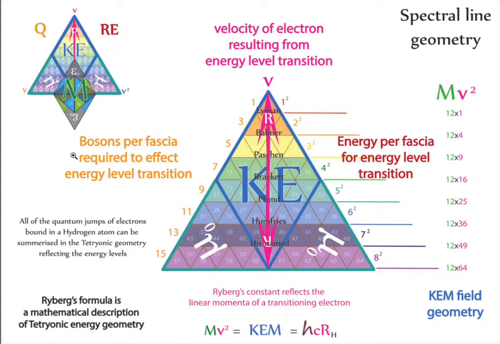We've shown through Tetryonic geometry that it's the bosons, the odd-numbered quanta, that affect the energy level transitions, and these energy level transitions are in fact transitions between squared numbered chem quanta.